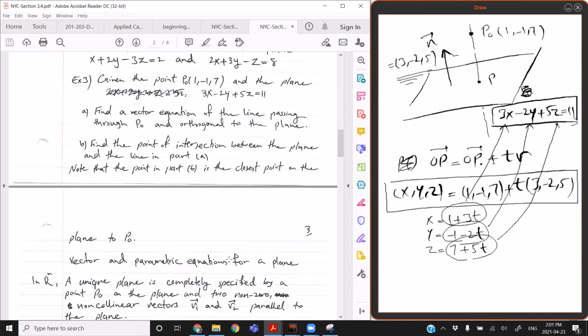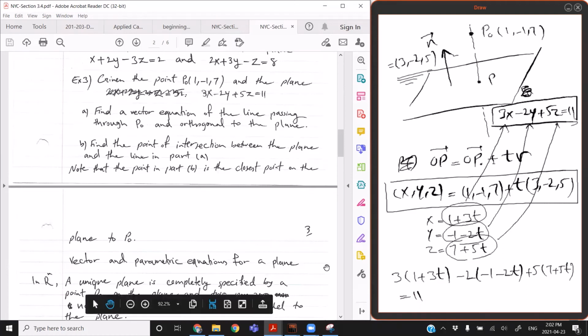So I have to solve this: 3 times x, 1 plus 3t, minus 2 times y, minus 1 minus 2t, plus 5 times z, which is 7 plus 5t, is equal to 11. If I solve this equation, there is only one unknown here, the t.